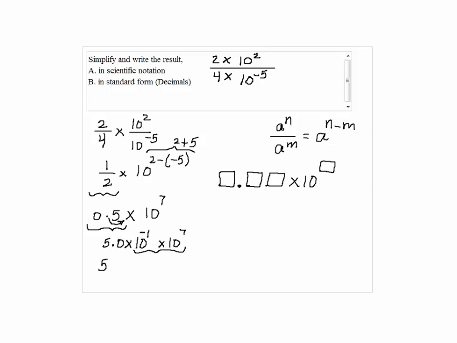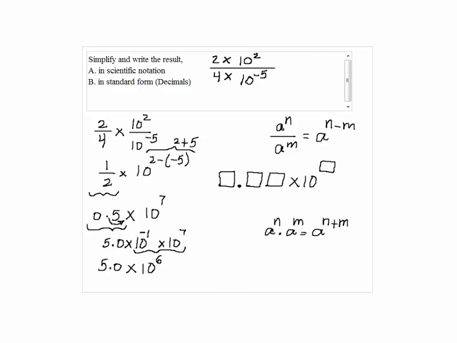So we can combine these two. So we get 5.0 times 10 to the power of, here we're adding the exponents. So you have a to the power of n times a to the power of m, we have a to the power of n plus m. So that would be positive 6.